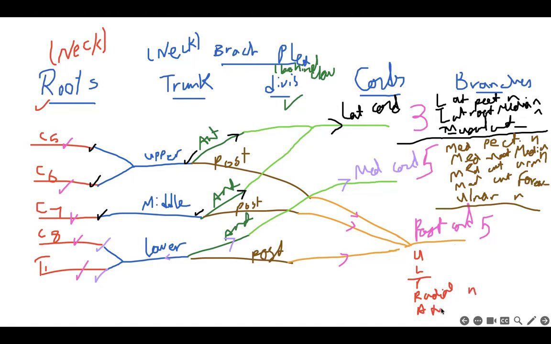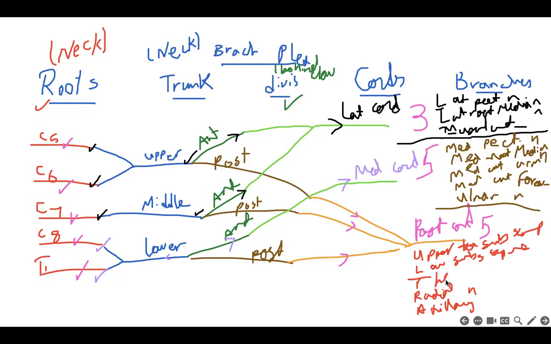A, axillary, which is related to the surgical neck of the humerus, supplies the deltoid and the teres minor. And upper subscapular and lower subscapular, which supply the subscapularis. Upper subscapular nerve and lower subscapular nerve supply the subscapularis muscle.